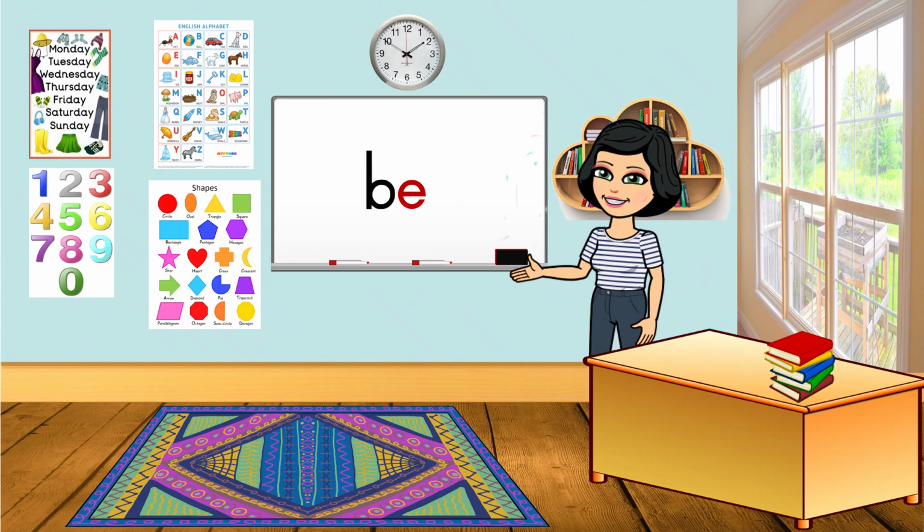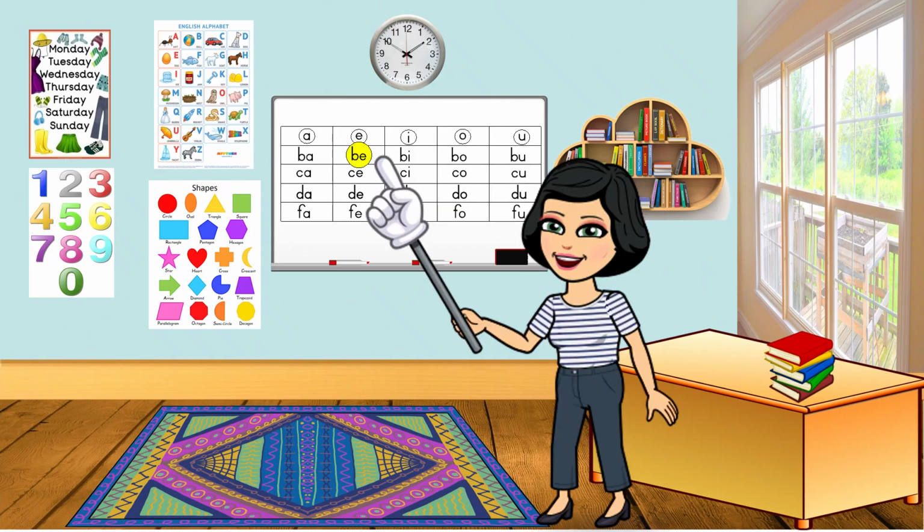Say the sound after me, be. I now want you to find the sound be on your page. Put your finger on the sound. Let's say the sound be. Let's say it again, be.